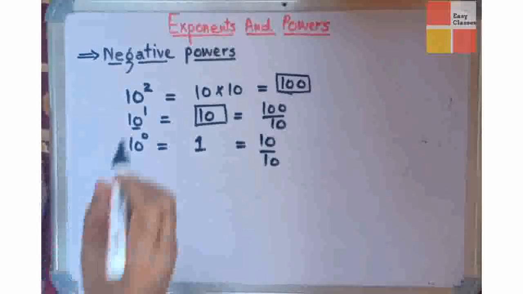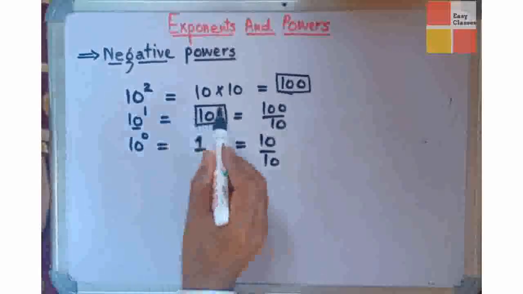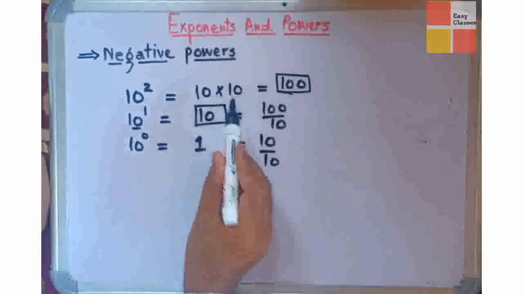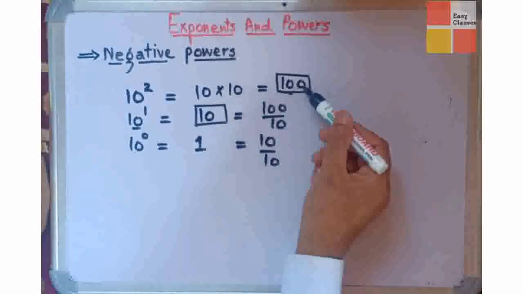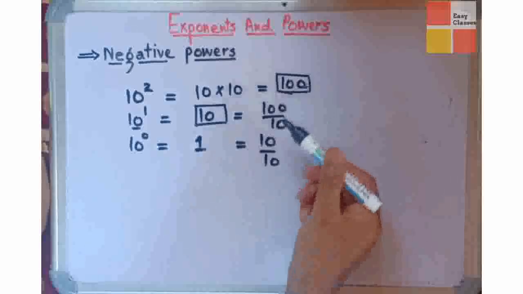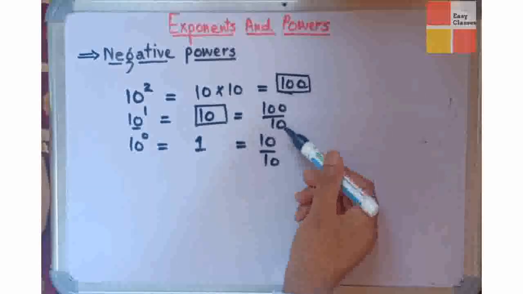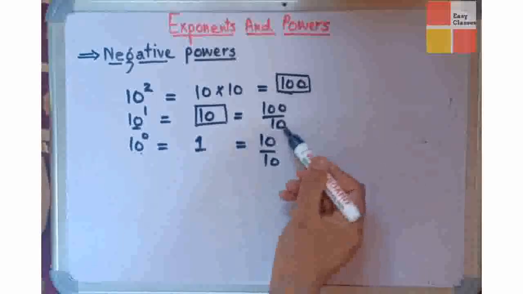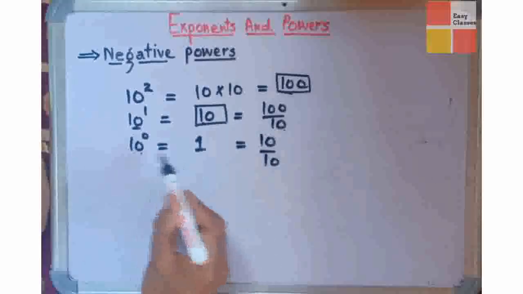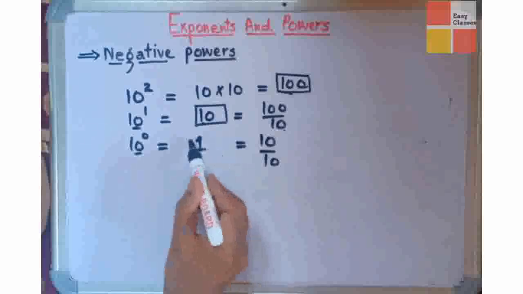Right, I will repeat this. 10 raised to power 2 is equal to 10 into 10, that means 100. Now 10 raised to power 1 is equal to the previous value divided by the base. Then 10 raised to power 0 is equal to the previous number, that is 10, divided by the base, that is again 10, so we will get the value.